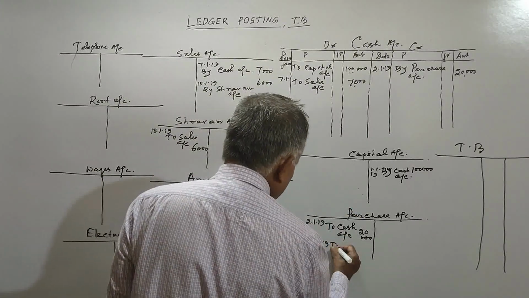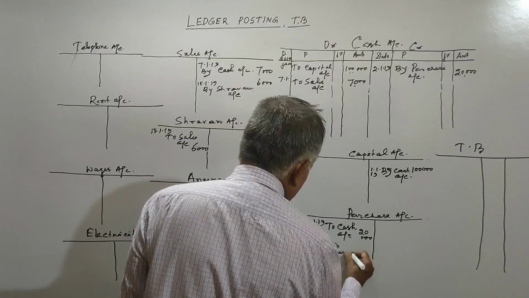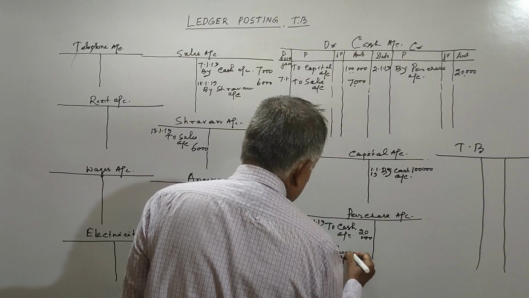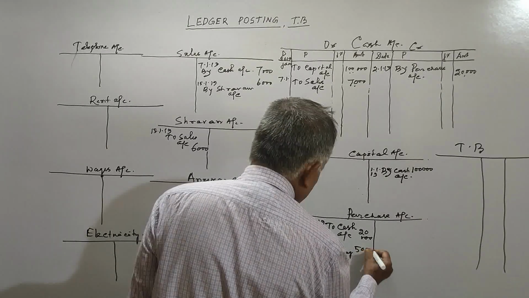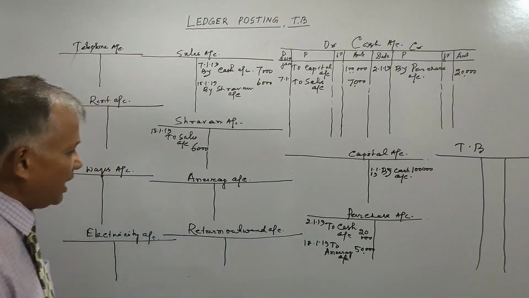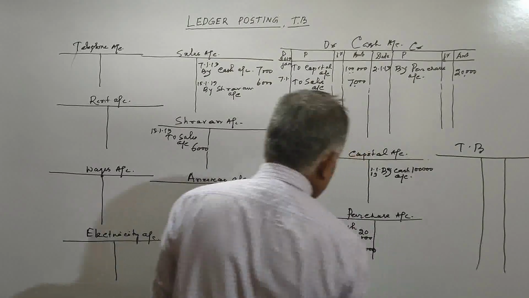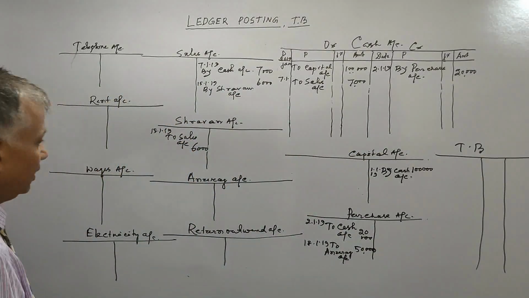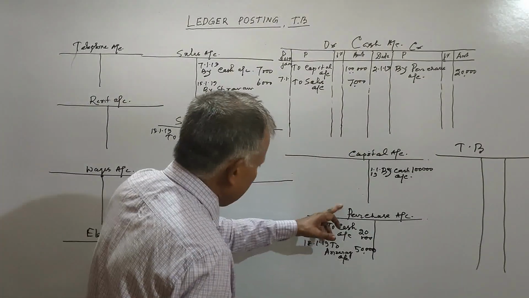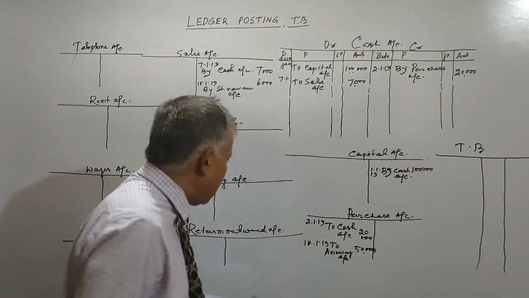Purchase debit to Anurag, 50,000. In the purchase account write the other one, that is Anurag.